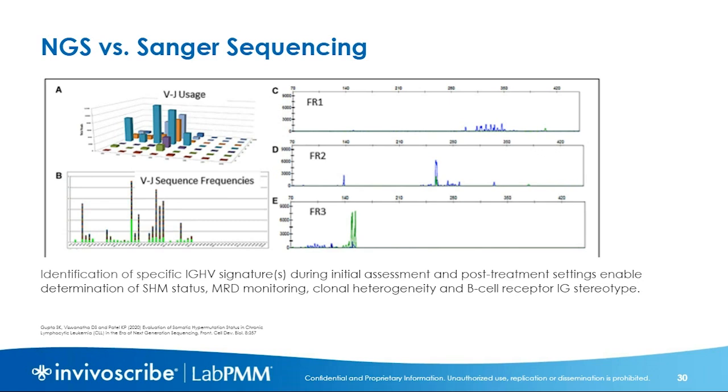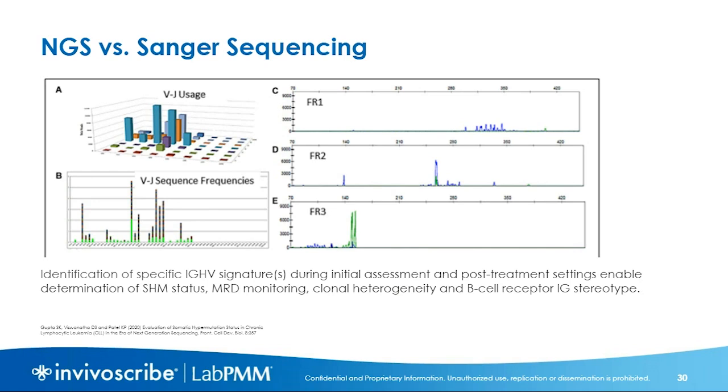The ability to identify specific clonal IGHV signatures in both baseline and post-treatment settings enables unique clinical applications of NGS, such as determinations of SHM status, MRD monitoring, clonal heterogeneity, and B-cell receptor Ig stereotypy.